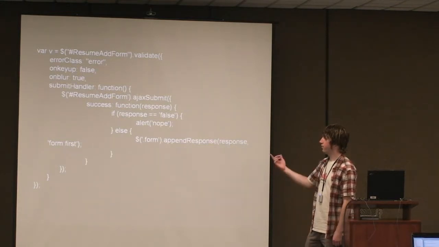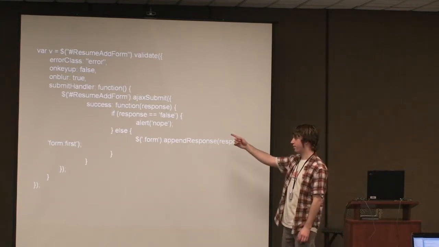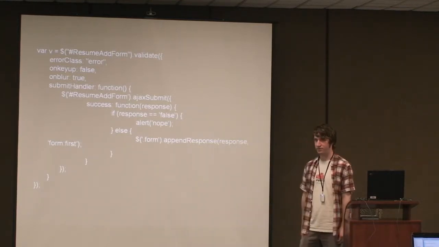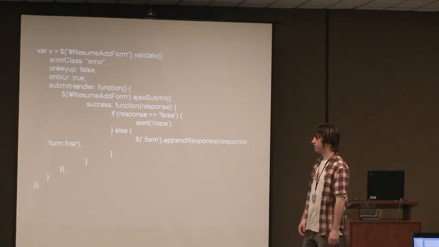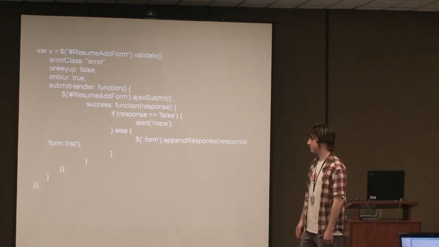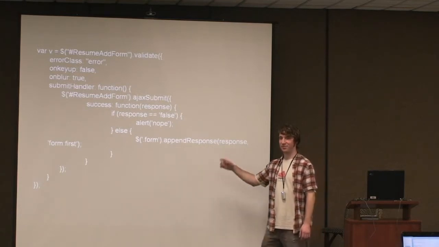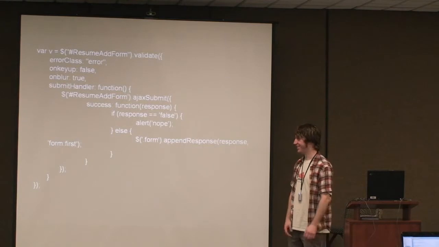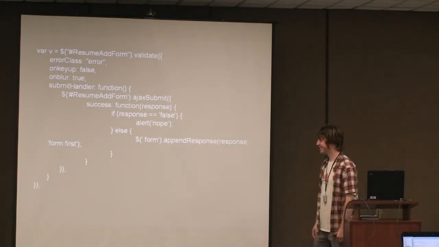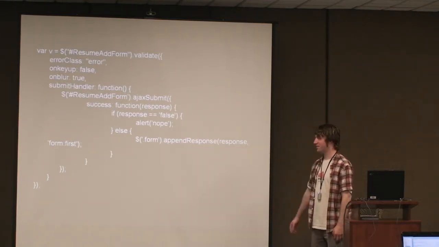When you submit it successfully, we grab the form and use an Ajax submit, which is using the form plugin for jQuery. On success, this is my hackish check: if it's false, alert no. Otherwise, we're going to append the response.